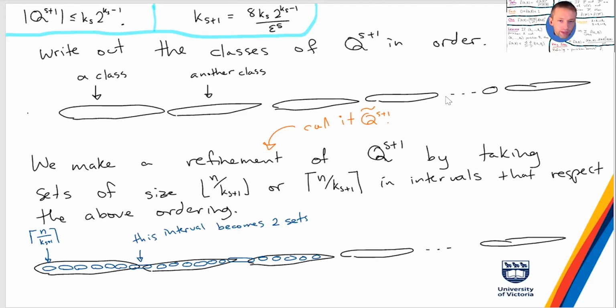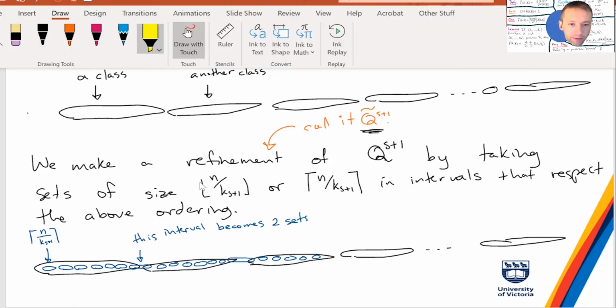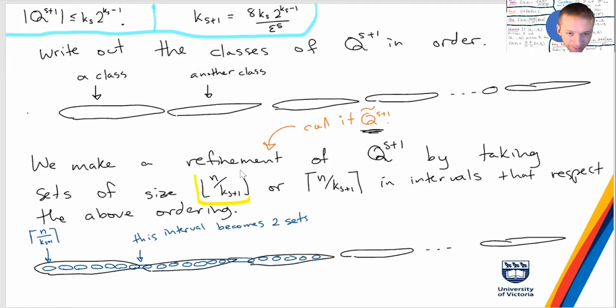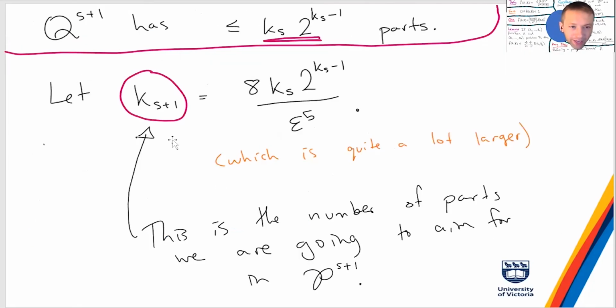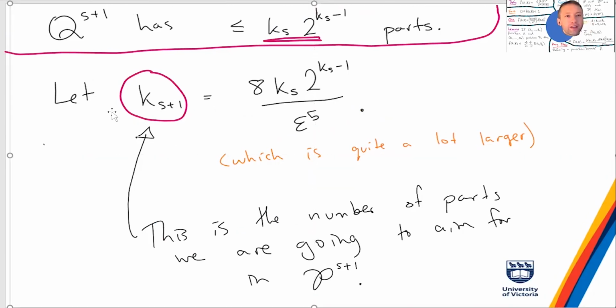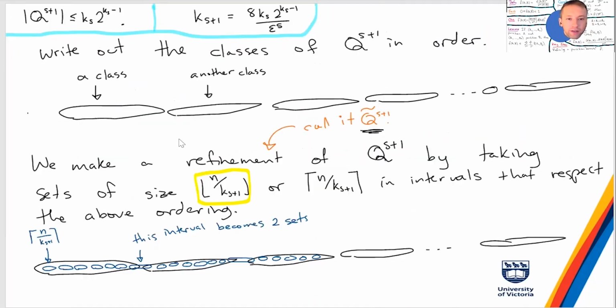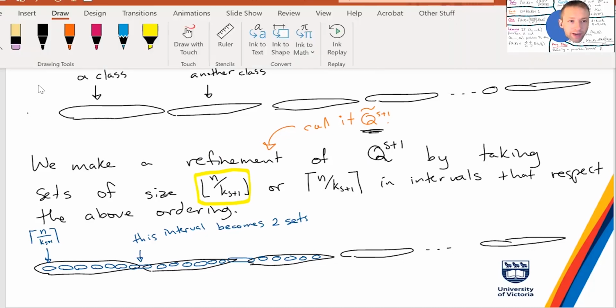And what I'm going to do is refine QS plus 1. I'm going to call it QS plus 1 tilde. I'm just going to take a bunch of intervals in this order where the interval size is either n over k sub s plus 1. That's my number that I defined on the previous slide. So that's the size of parts we're aiming for, right? So it's either going to be the floor or the ceiling of that value.